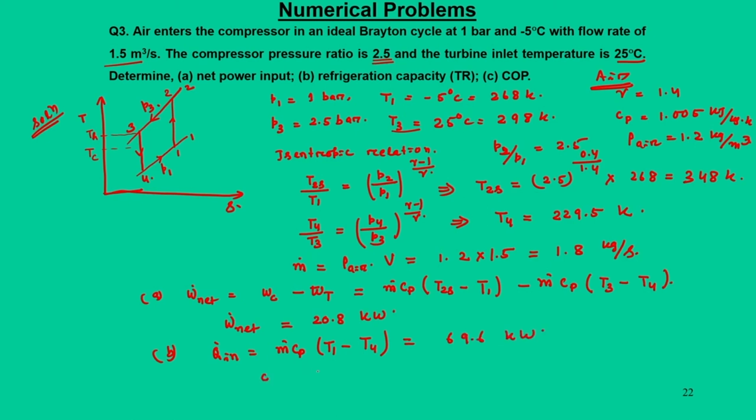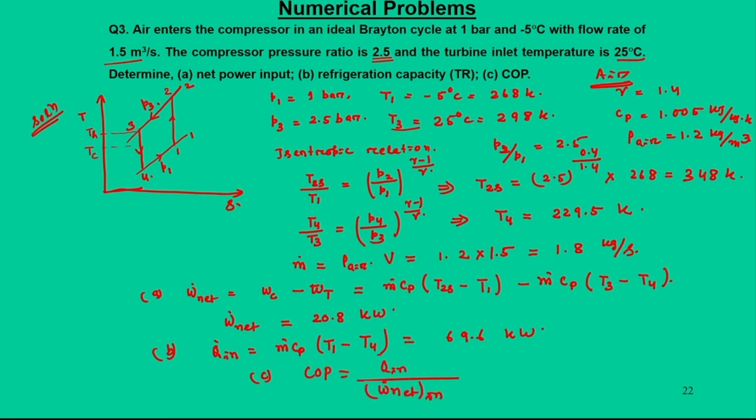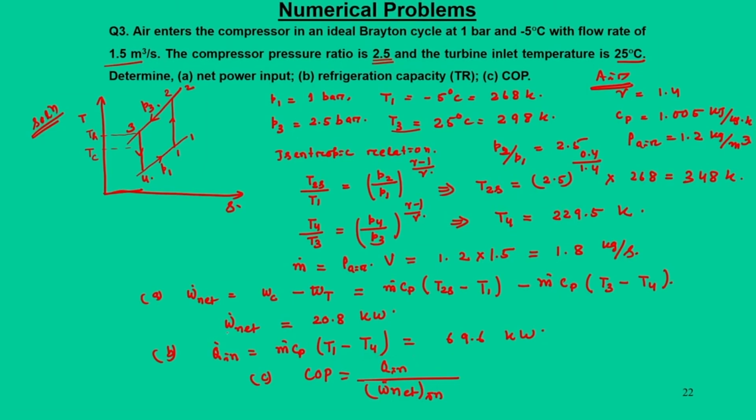Third part, COP, that is Q dot in by W in. So, this number would be 69.6 divided by 20.8, which is 3.35.